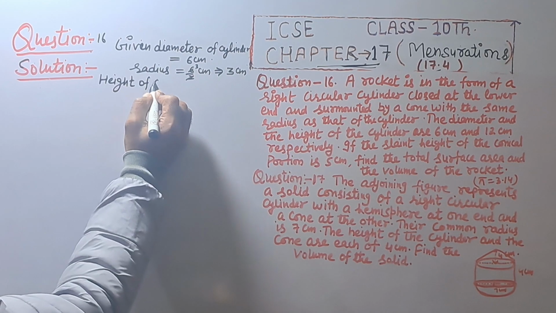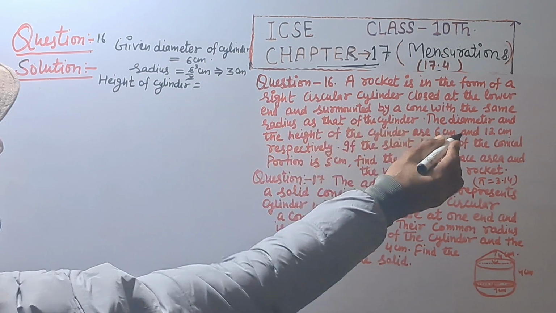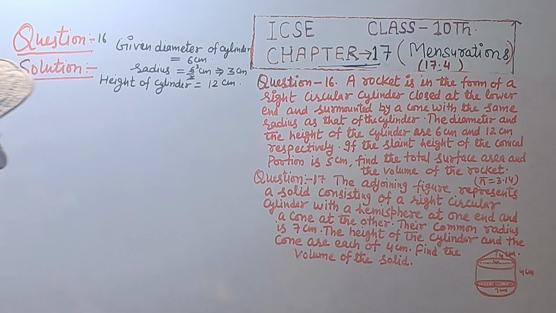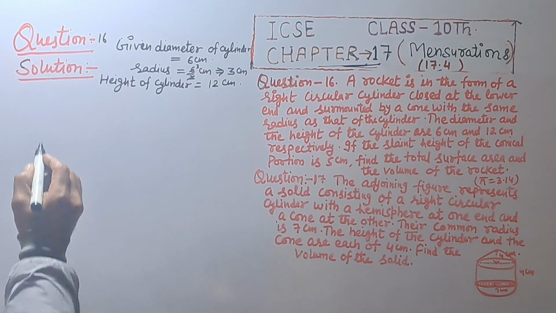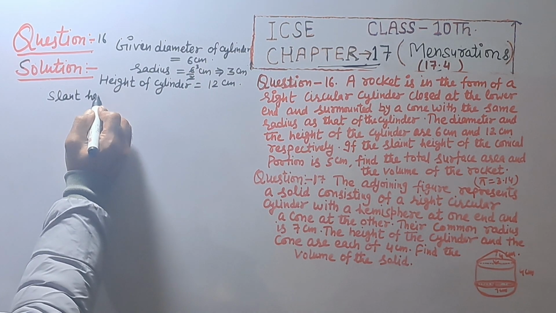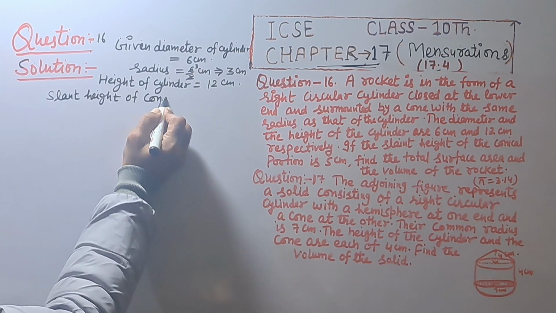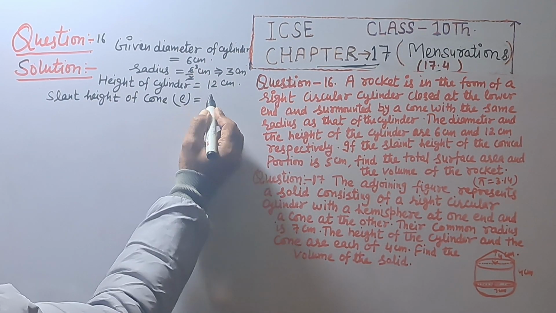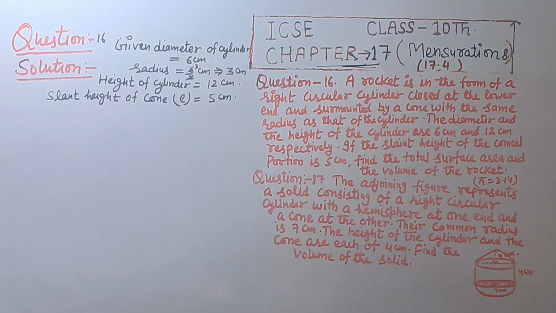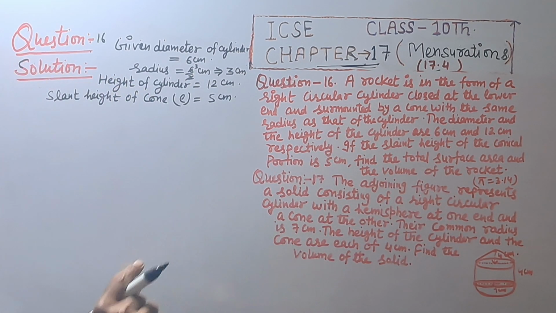Height of cylinder is equal to 12 cm. Slant height of cone, L, is equal to 5 cm. Find the total surface area and the volume of the rocket.